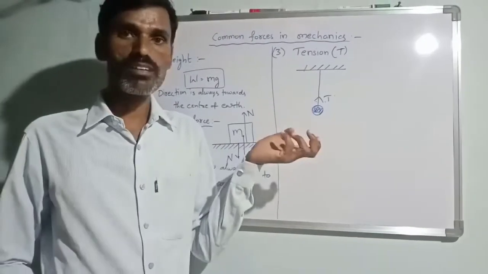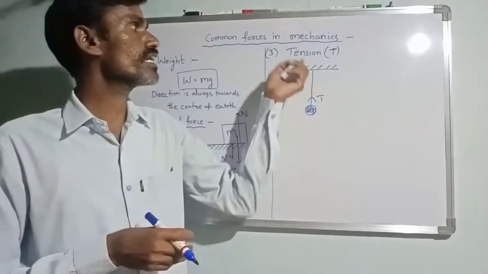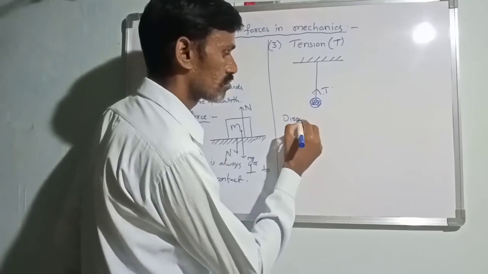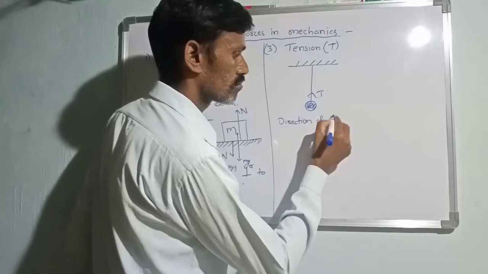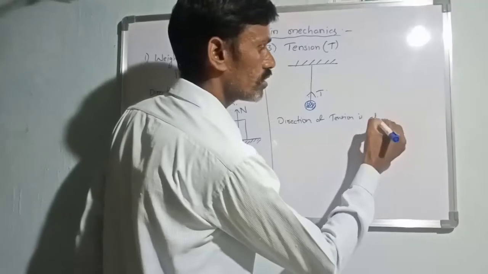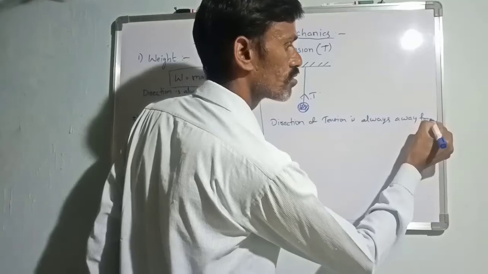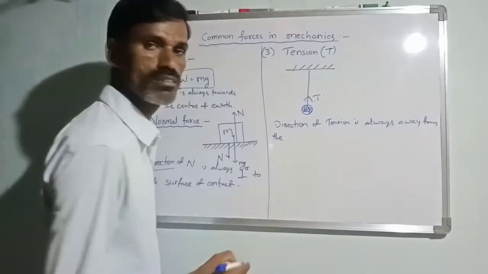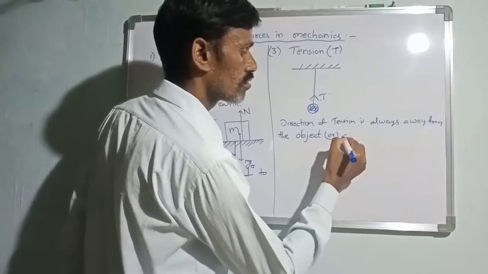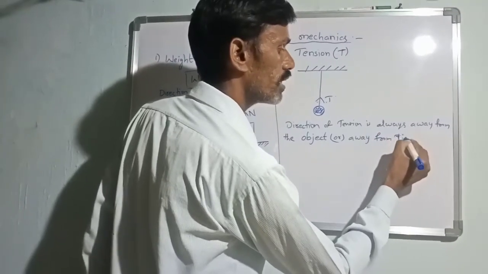That force developed in the strings or threads is taken as the tension force. The direction of tension is always away from the object, or away from the tied ends.